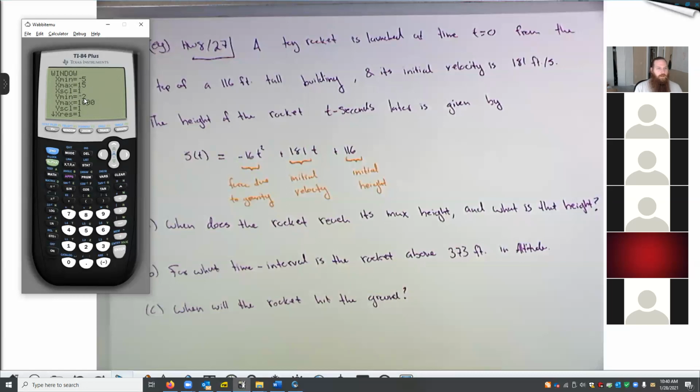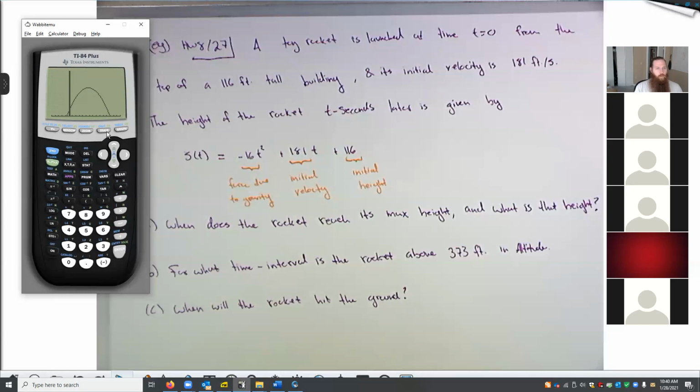The y min is the smallest y value that's going to be visible here. You can't even really see it. It's -2. And then the y max I have set all the way up here at 1,000. So that's the largest y value we can see all the way up here would be 1,000. And then I just hit the graph button and that will generate for me my graph.